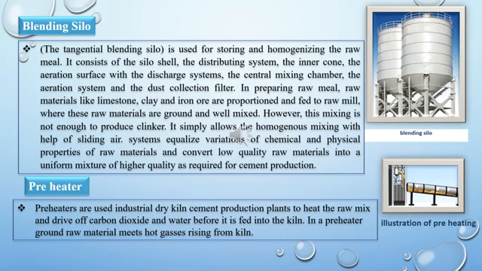Students, after passing through the blending silo, our raw material is now in high quality powdered form and is homogenized. Now it is its turn to be fed into the kiln, but before the kiln, this raw material is fed into the preheater, where the carbon dioxide is removed by heating.